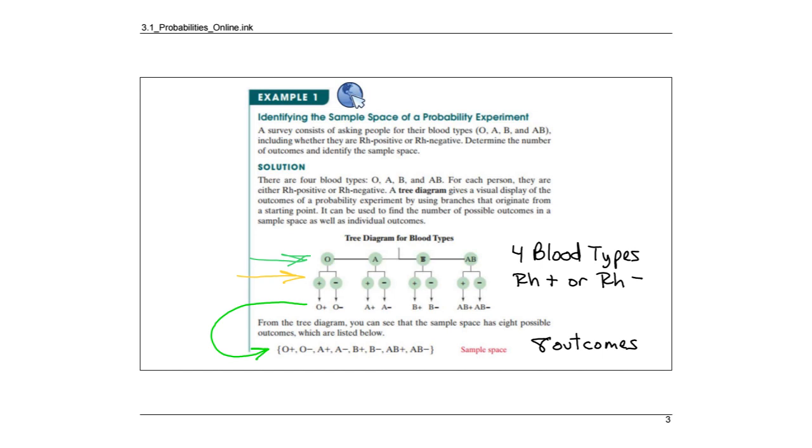That tells us that we've got 4 blood types, but then each of those blood types is divided into 2 Rh levels. So therefore, we're going to have 8 outcomes, and our sample space is actually all of these 8 different outcomes that we could get.